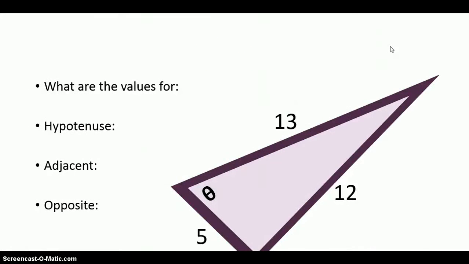Now, I want you to pause the video and give this one a shot as well. So pause the video now, and once you're done, unpause it, and you can see how you go with this. So now that you've given this a shot, again, we look at our reference angle right here. This is going to be our 90 degrees. I do apologize, the diagram is indeed cut off from the screen.